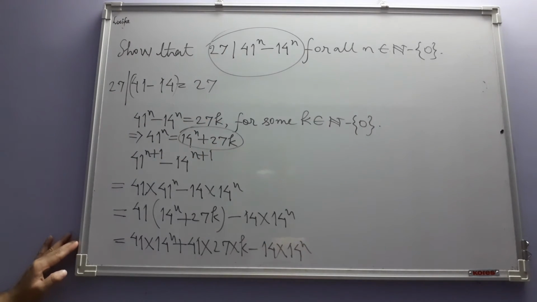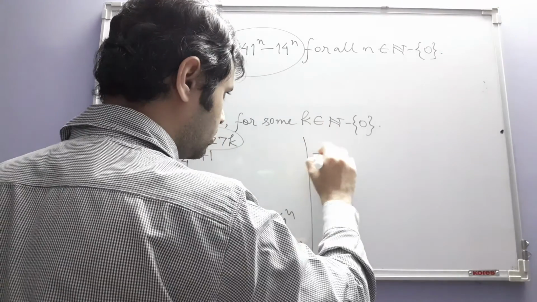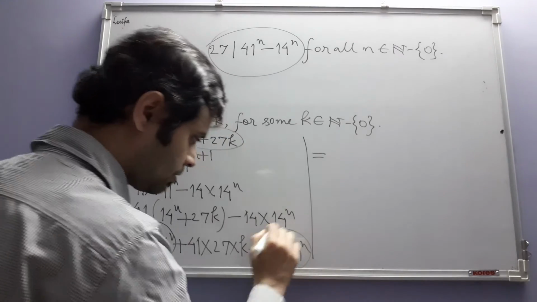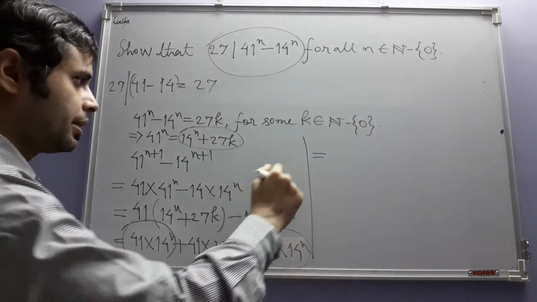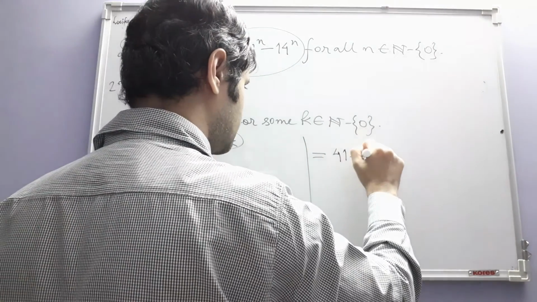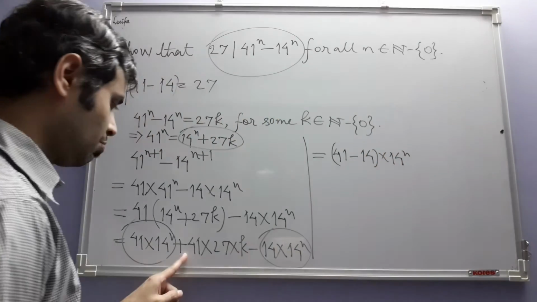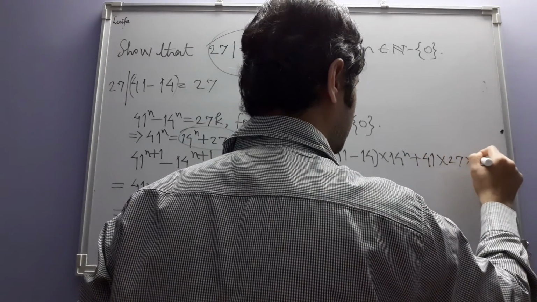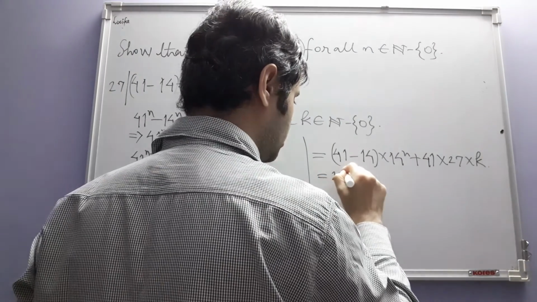Okay. So if we continue from here, you see these two terms, this one and this one, we have 14 to the power n in both the terms. So we can take them common out and we have 41 minus 14 times 14 to the power n plus 41 times 27 times k, and 41 minus 14 is 27.